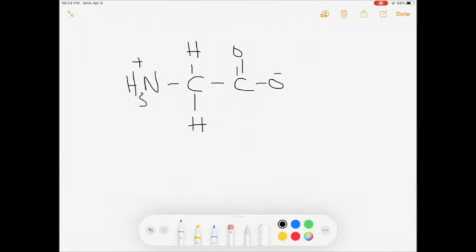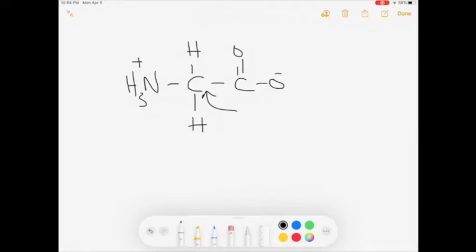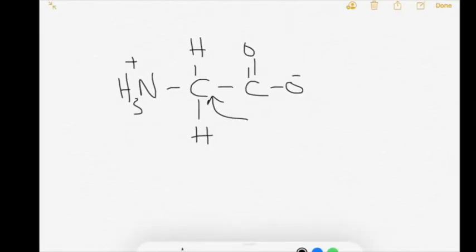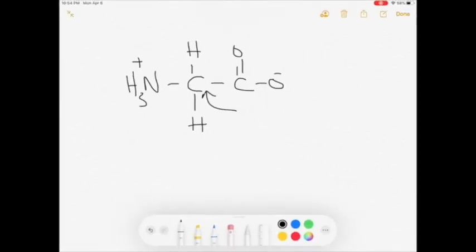So for glycine, this right here is our alpha carbon. Since it has 2 hydrogens attached to that alpha carbon, it cannot be a chiral molecule. So that's the only one that doesn't do that. All the other ones have different side chains other than hydrogen, so it makes them chiral.